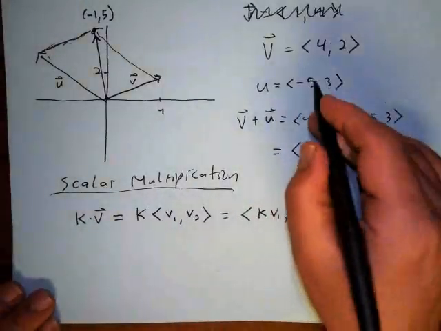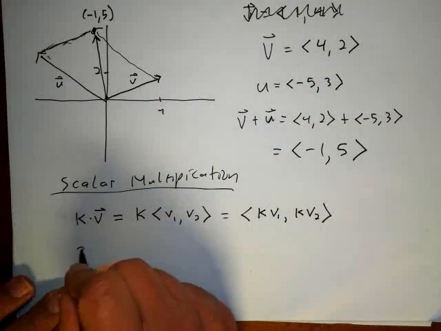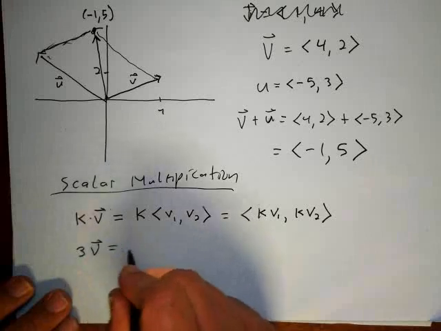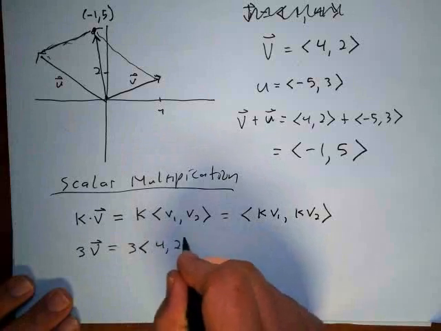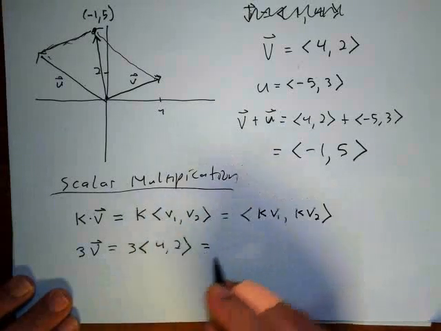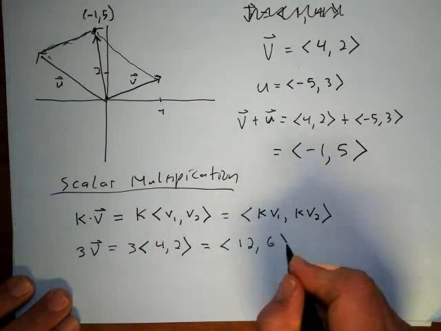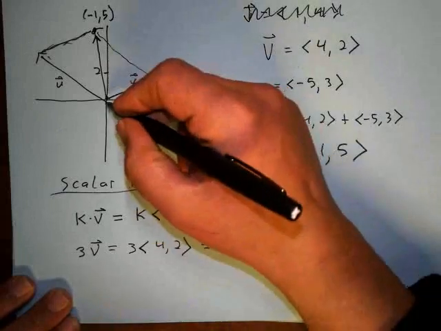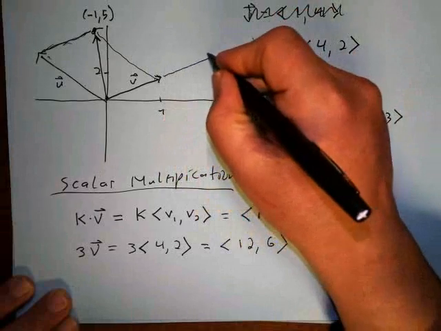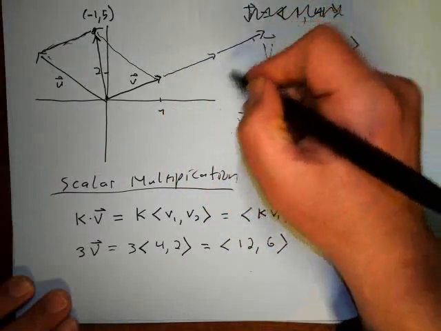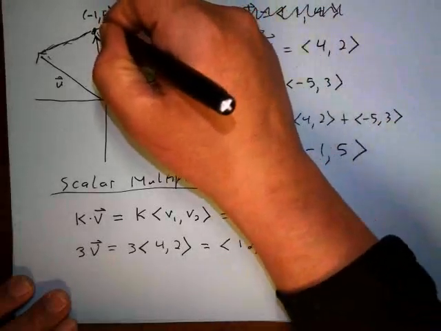Okay, so let me just give you an example. We'll do this vector here. So let me take 3 times v. So this would be 3 times 4, 2. And so this would be 12, 6. And so what this does is it scales this out so that you have 3 of these arrows next to each other. And this would be the 12, and this would be the 6.